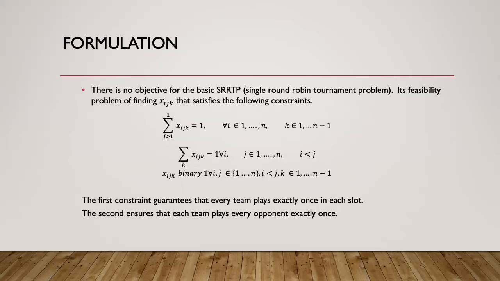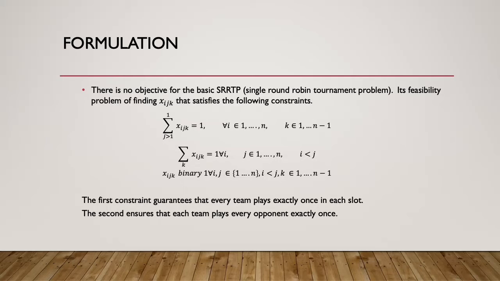The second one is the formulation. There is no objective for this basic single round robin tournament problem, SRRTP. It's a feasibility problem of finding xijk that satisfies the following constraints. So it's just a simple feasibility problem to solve for xijk. The first constraint says that for every i and k in n-1 slots, each team plays exactly once in each slot.